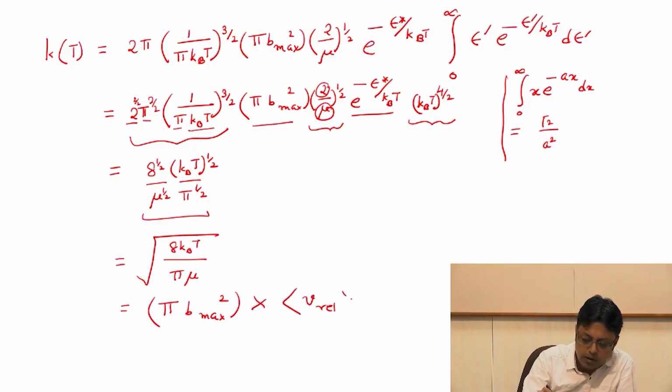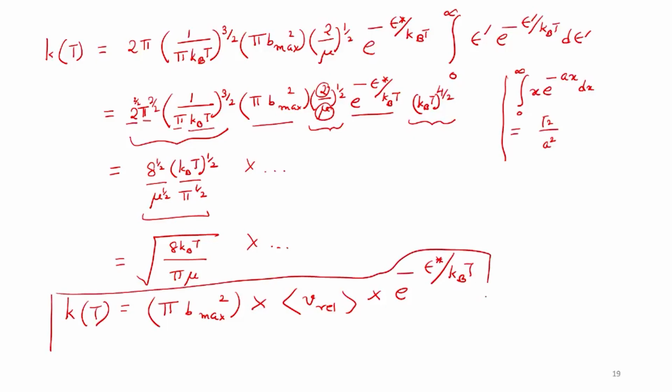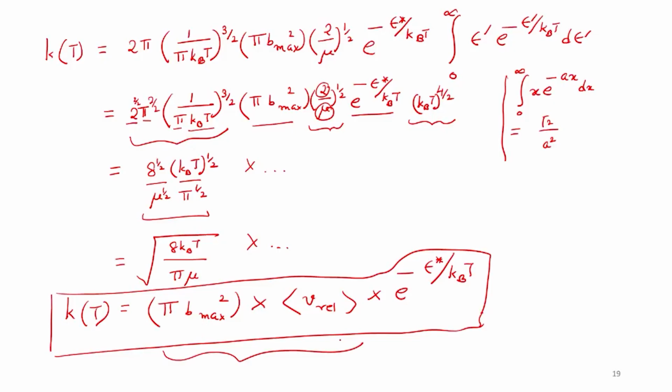I did not write all the other terms, and times I'll have e to the power minus epsilon star by kBT. So now this is a modified expression for the rate constant, and we see the beauty here. The earlier expression had only this part, pi b max squared into V relative, and now we have actually e to the power minus epsilon star by kBT.